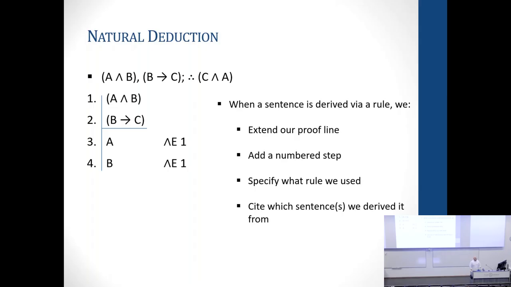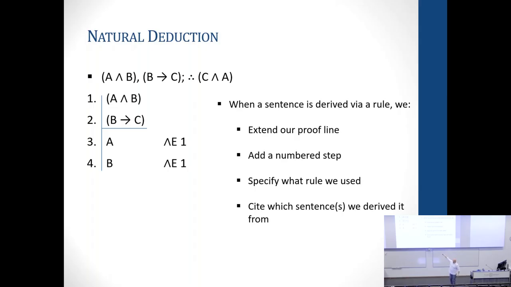Okay, now, what are we going to do at line 5? Well, remember in the informal description that I gave you, we said, if the conditional is true and the antecedent is true, what can we derive? We can get the consequent, right?